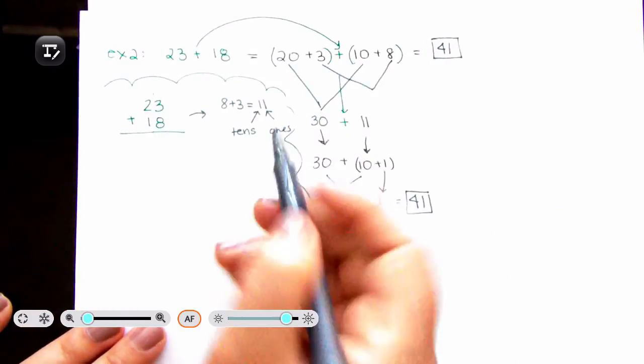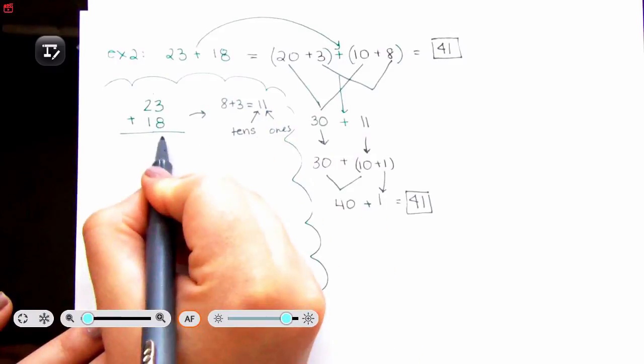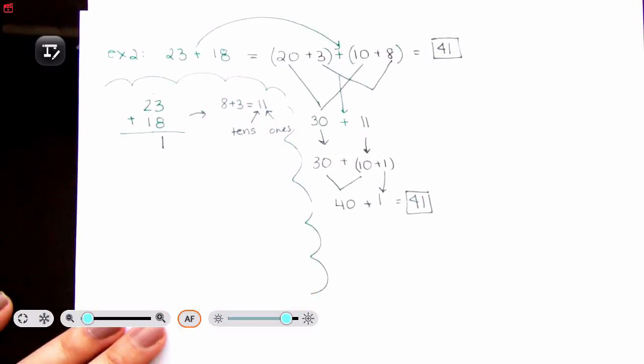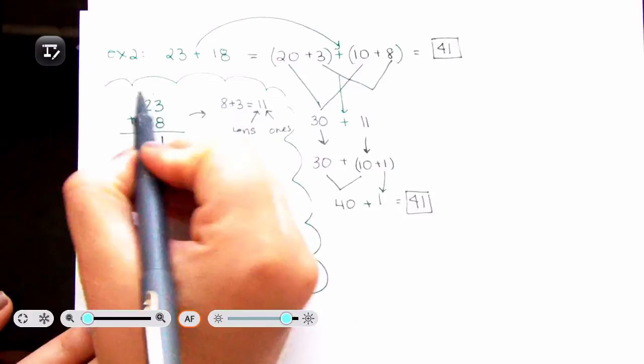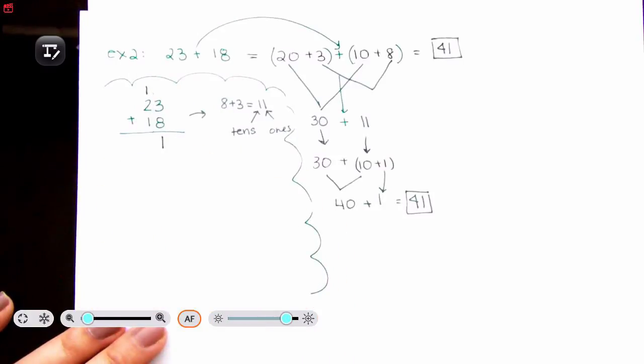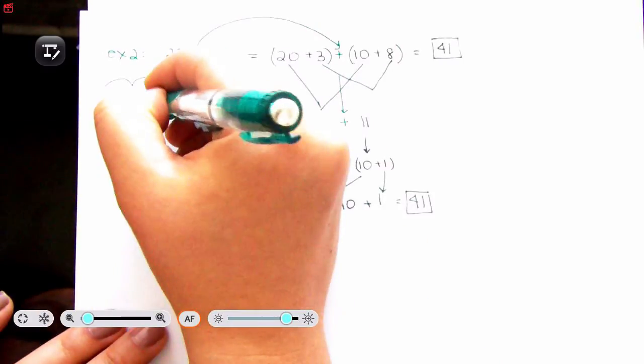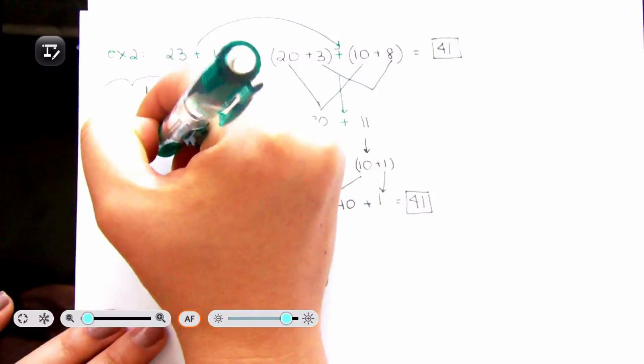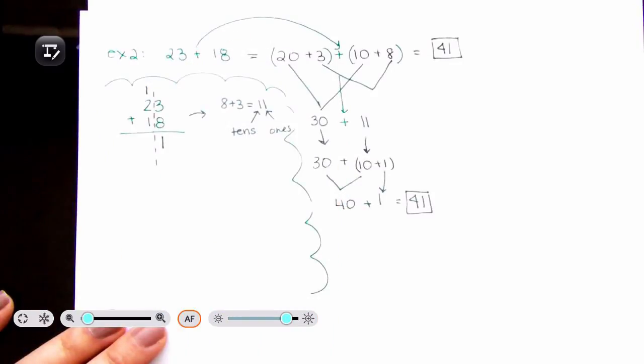So we want to put the 1 in the ones position and then put the other 1 in the tens position. I did draw a little dashed line here to separate it. There you go. You can see that a little bit better.